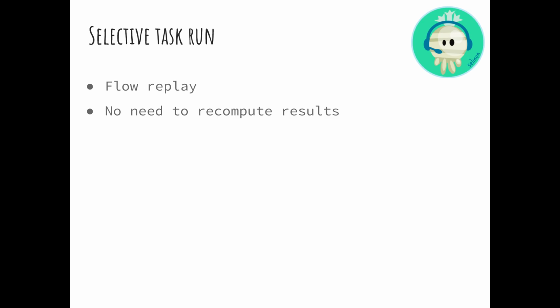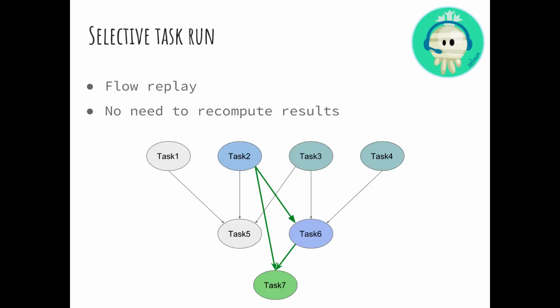Okay, now let's discuss these selective task runs. So you have a YAML configuration file where you declaratively put how your cluster should behave, and you would like to run only some particular task respecting the configuration. So we have this flow, and we would like to run only task 7.